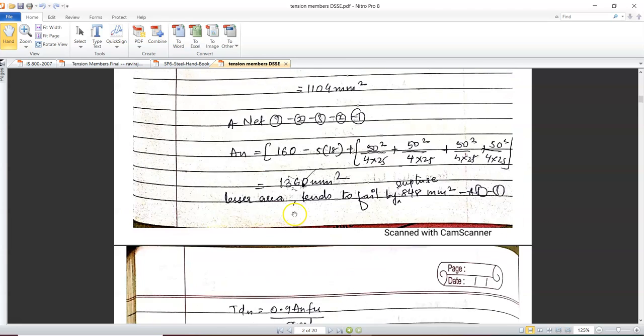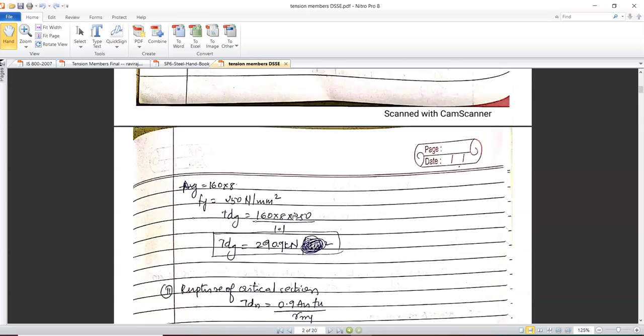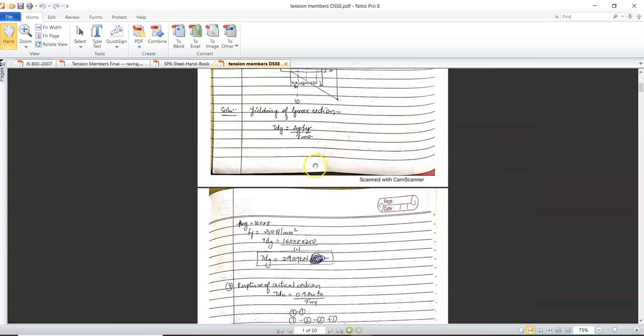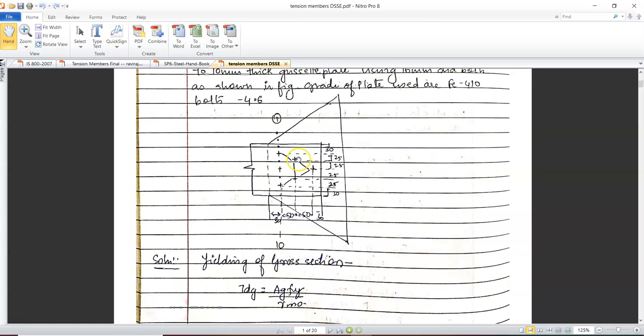Now coming to the An value. An says net area. Your net area can be across section 1 along this line where 3 bolts are there, or across section 2 where 2 bolts are there, or across section 3 where 1 bolt is there, or it can also be across this line 1 2 3 2 1.